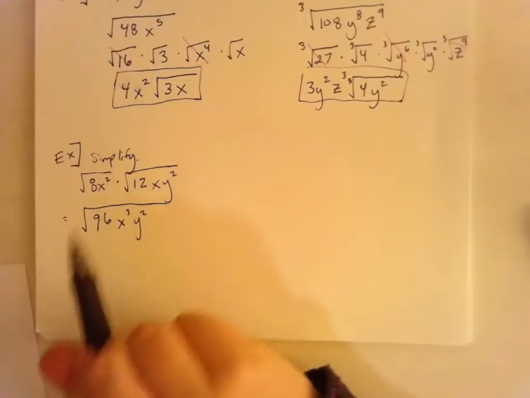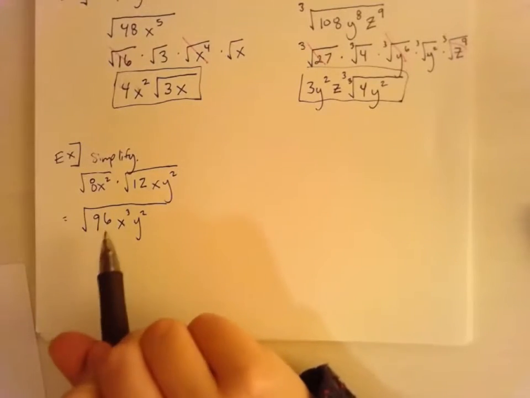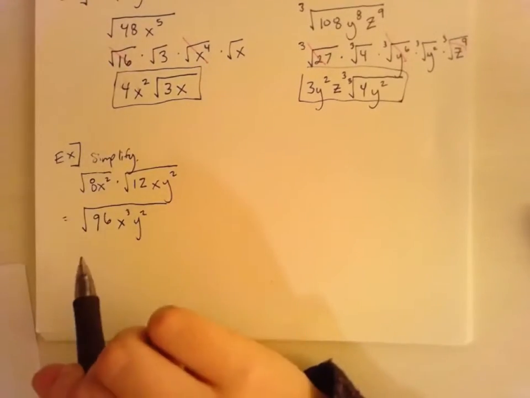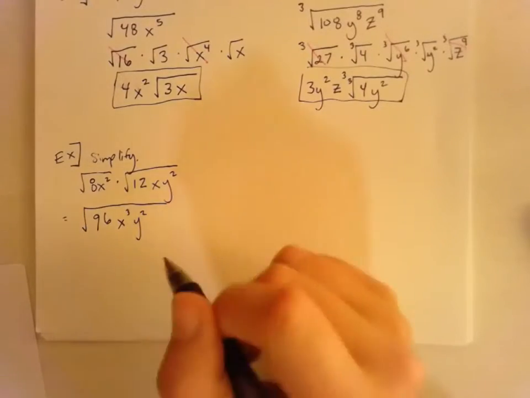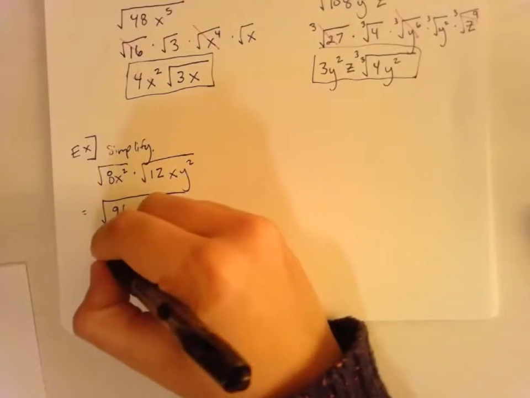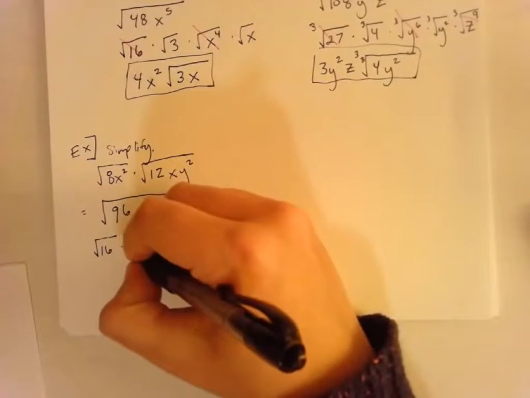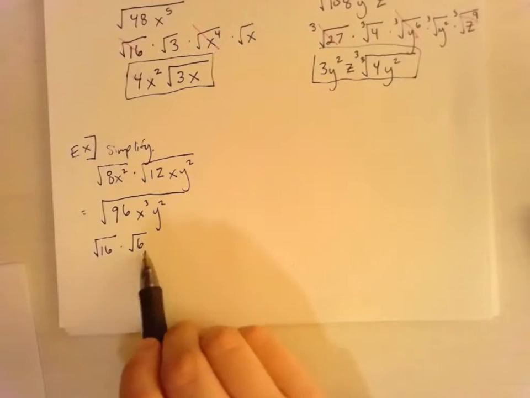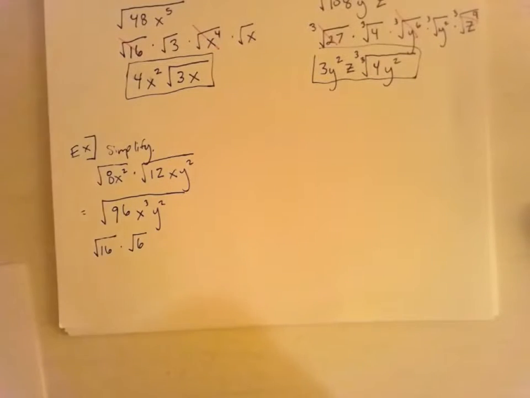Now, I recommend you take this and simplify it in the way that we just did in the previous examples. Let's break up 96 as radical 16 times radical 6, because 16 times 6 is 96.